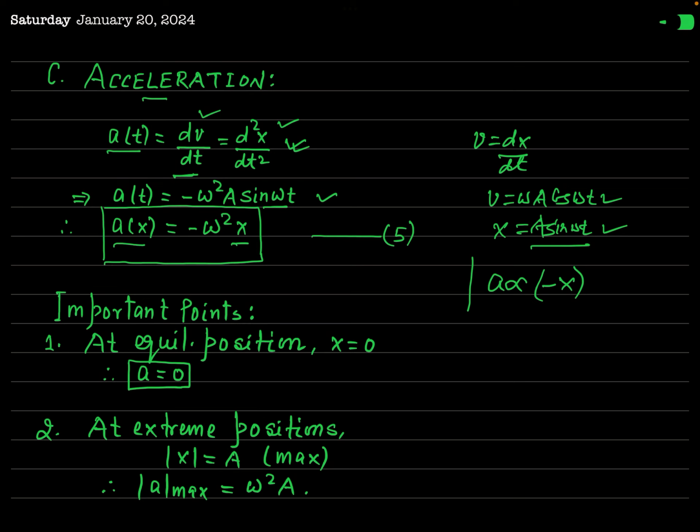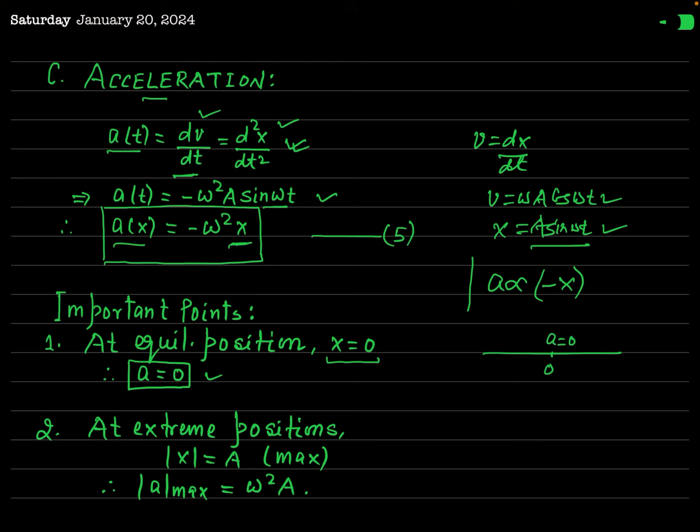If you want to find its value when the particle is at its equilibrium position, at equilibrium position x is 0, and when you substitute x equal to 0 in equation 5, you get a equal to 0. So when the particle is at the equilibrium position, its acceleration is 0.